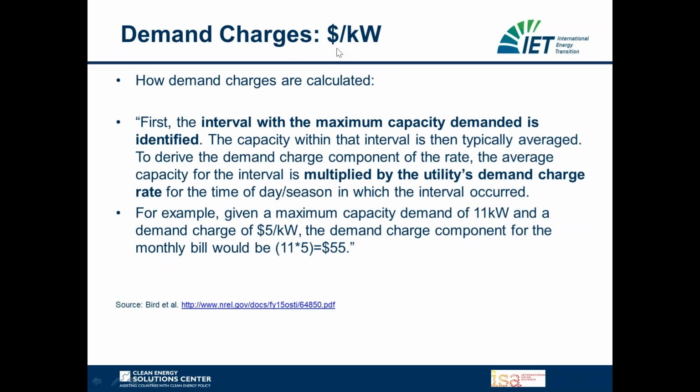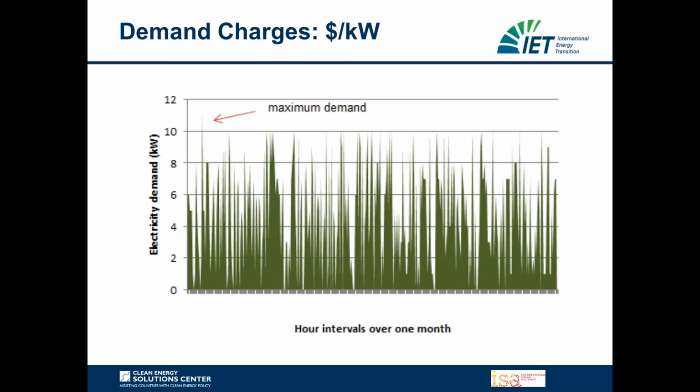They're calculated as a unit of payment per kilowatt. You would, for instance, look at the electricity consumption of a commercial customer over a year, identify the one hour where the electricity demand was the highest, and then multiply this hour of highest electricity demand with a demand charge, and you come up with a certain additional cost which the customer has to pay. So here's just one graphical illustration.